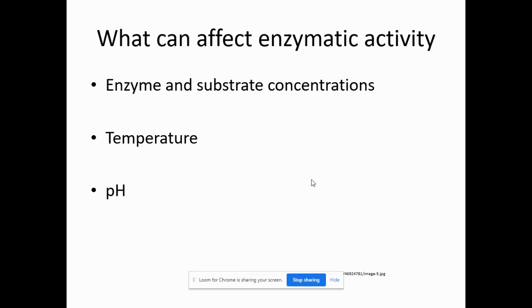So if you have more things out there that are able to interact with substrates and convert them to products, the faster these reactions will occur. All right. Same thing on the substrate side. Okay. The more substrates you have in a certain area that are able to bind to the enzymes, the faster the reactions will occur to get the products.